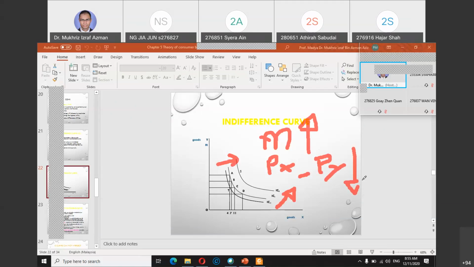So if this happens, either your income increases or the prices of good X and good Y drop, you can move to a higher indifference curve.